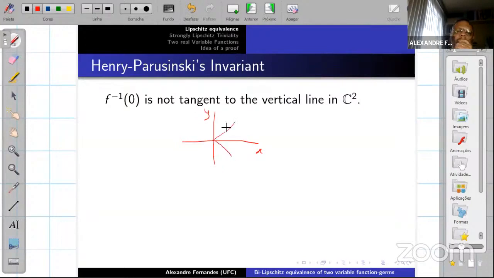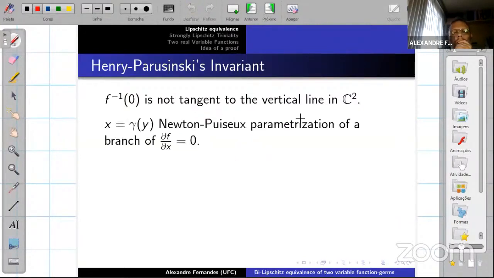Something like that. And take a Newton-Puiseux parameterization of a branch. This polar set here is important. We take the polar set df/dx equal to 0. This is associated to this hypothesis here.